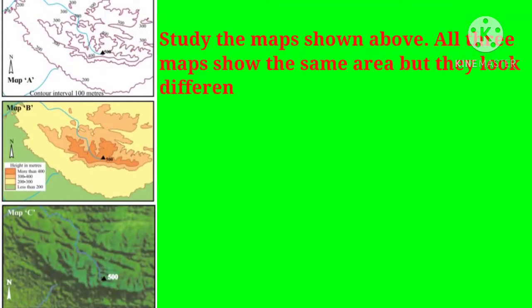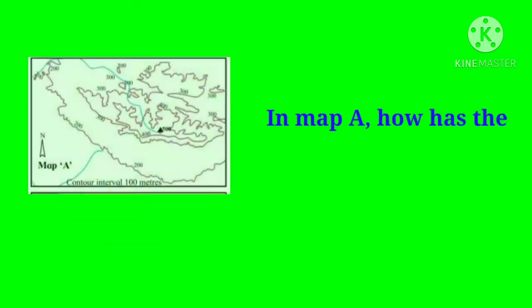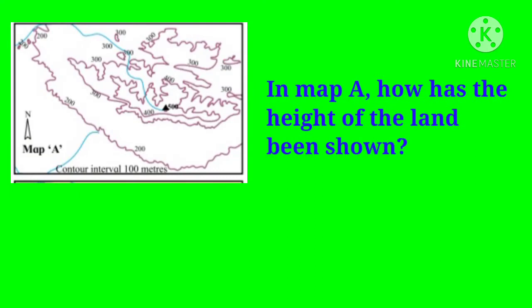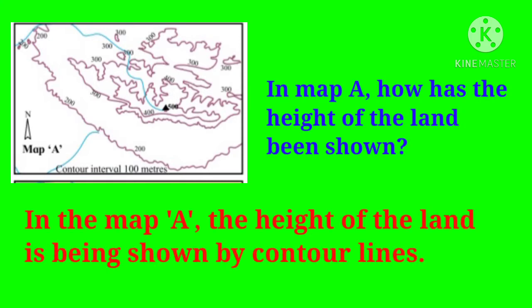Study the maps shown above. All three maps show the same area, but they look different. Study the maps and answer the following questions. In map A, how has the height of the land been shown? In map A, the height of the land is shown by contour lines.